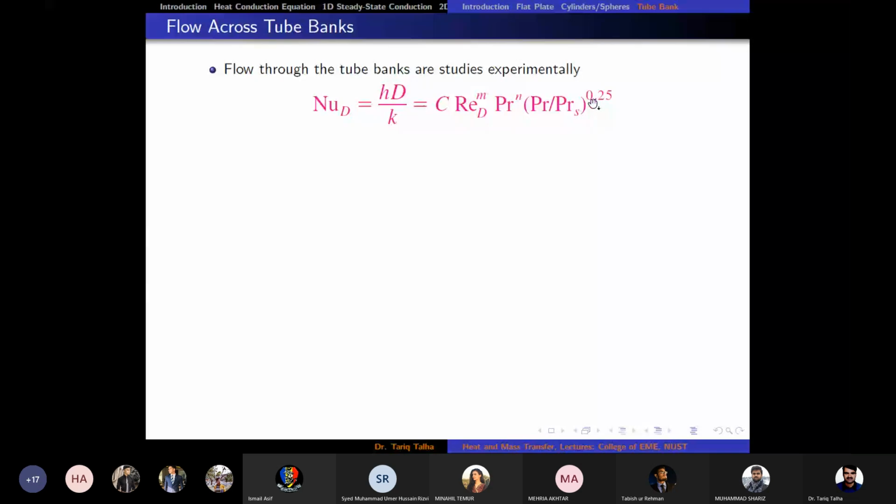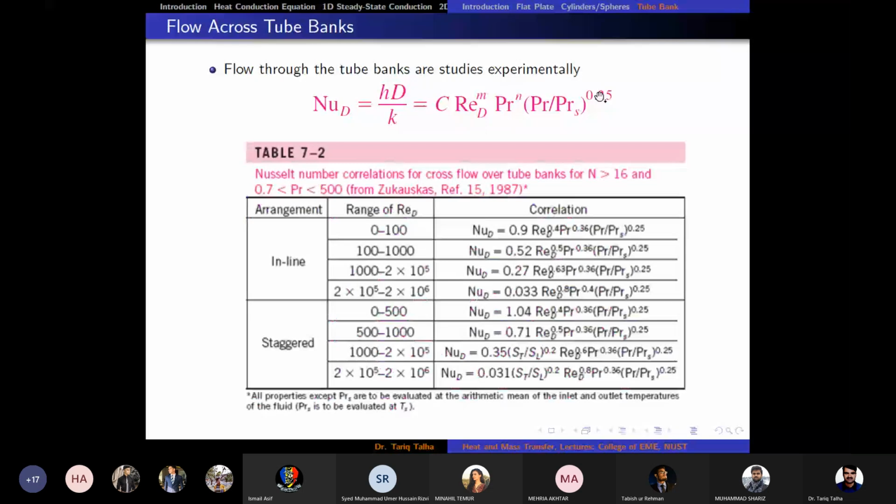And then there is a table for the Nusselt number calculation for different ranges. We can see that the coefficient C here is 0.9, 0.52, 0.27, 0.03, and here it comes from 1.04 for the staggered arrangement. So we can use all these relations.